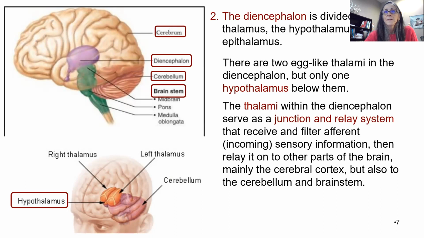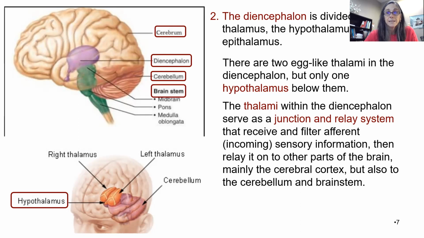So the thalamus is made of large egg-shaped masses of gray and white matter. You have myelinated and unmyelinated neurons, and those constitute about 80% of the diencephalon. The hypothalamus is located, as I said, on the anterior inferior aspect of the diencephalon.